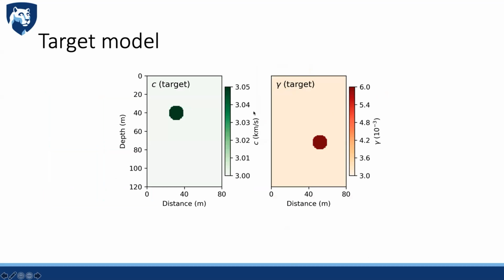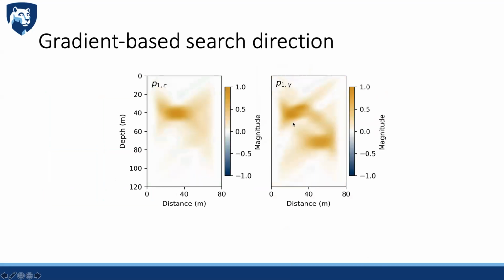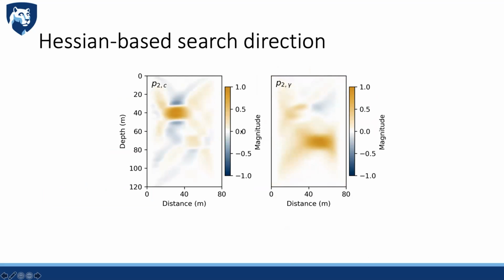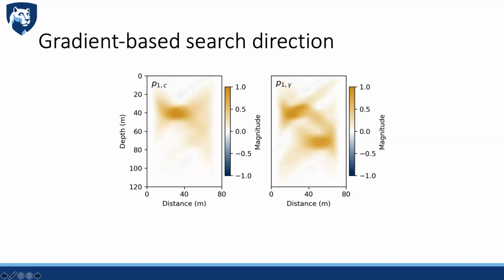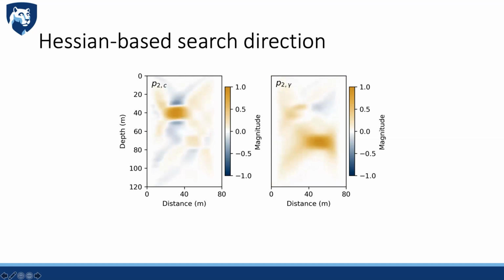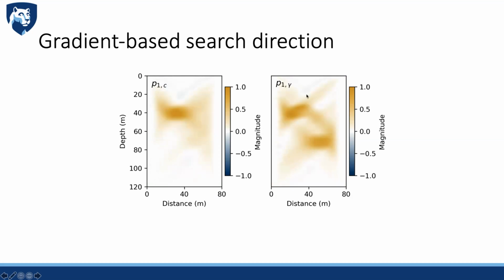Okay, now let's get back to our example. This is the target model, and this is the P1 direction, the gradient-based direction. We have the crosstalk right here. And by incorporating the Hessian, we have the P2 direction. Let me flip back and forth. So this is P1, P2. We can see that by incorporating the Hessian, the crosstalk has been significantly mitigated.